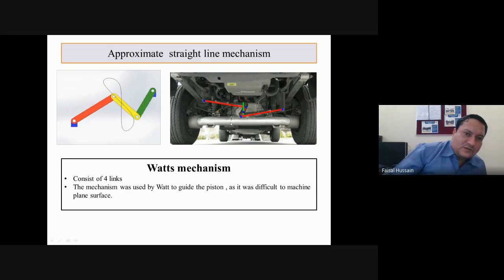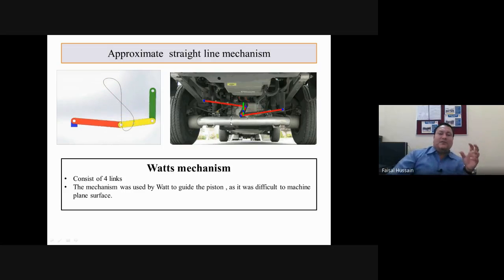It also consists of 4 links. Watt's mechanism is an inversion of the 4-bar mechanism. And see the application: a Watt mechanism is attached on the rear side of the vehicle to guide the piston.